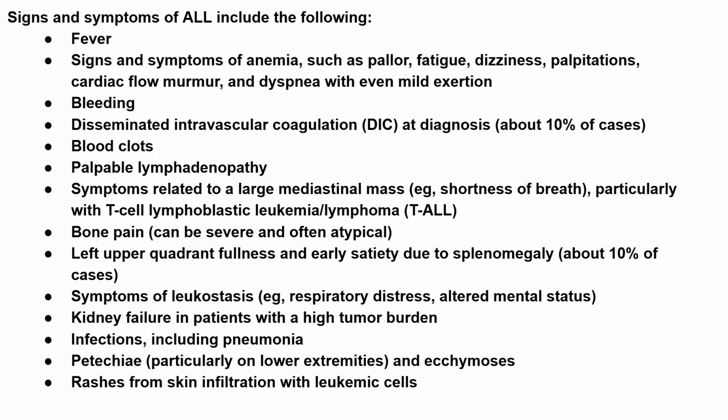Bleeding tendencies or disseminated intravascular coagulation may occur in around 10%. There is a tendency to have blood clots due to abnormality of platelet function, or lymphadenopathy. Most of the time the clinical suspicion starts when the patient has lymphadenopathy, lymph nodes becoming swollen.